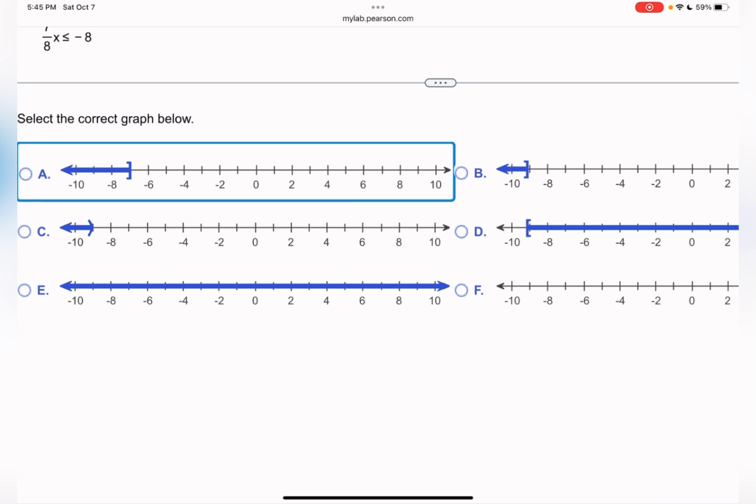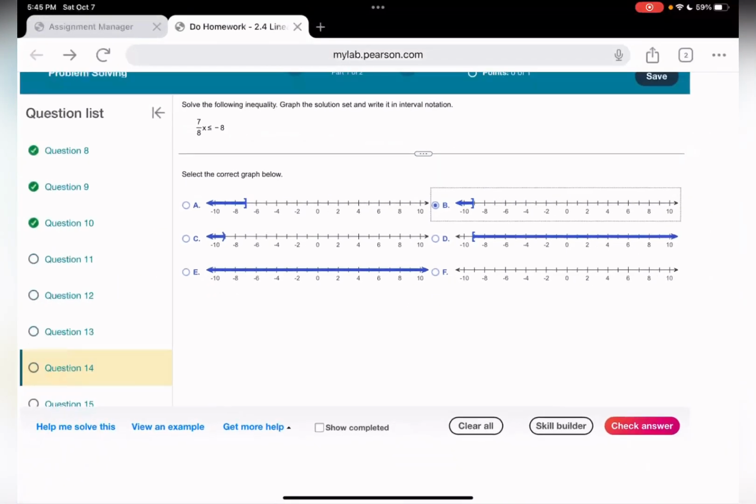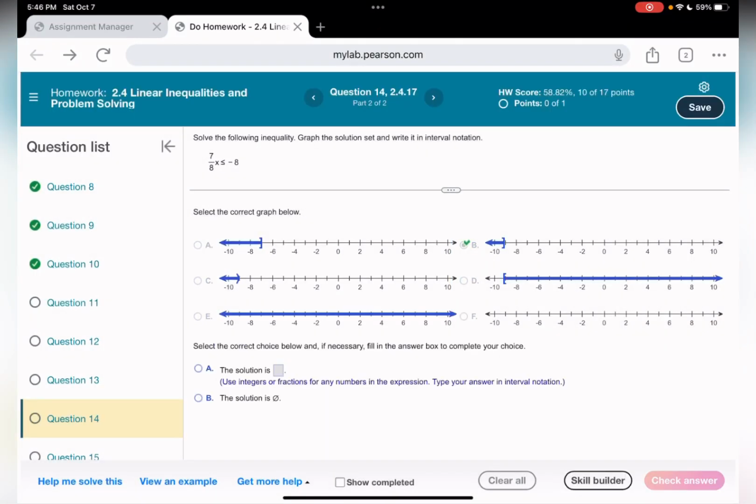And square bracket, so it's going to be B, definitely. Fantastic.